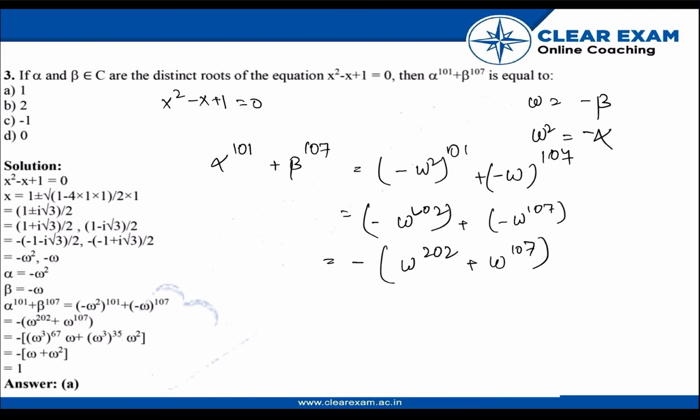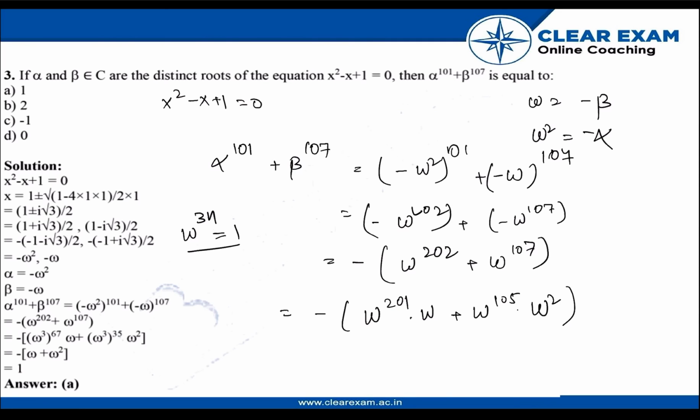Now to simplify this, we also know that omega to the power 3n, n being an integer, is always equal to 1. So we can simplify this 202 and write it in terms of multiples of 3. So we get omega to the power 201 into omega plus omega to the power 105 into omega squared.